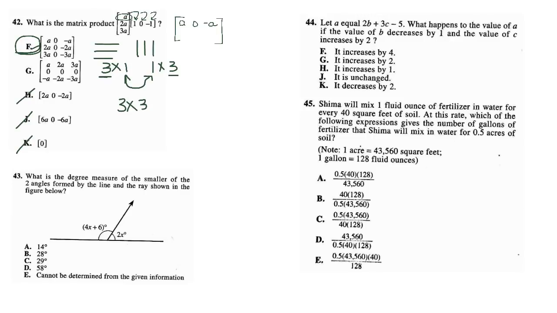Notice that with our angles, we want to know what is the degree measure of the smaller of the two. Well, the smaller of the two looks like it's going to be 2x, but we need to figure out what in the world is x. So I know if I look at how many degrees are from here to here, that's a total of 180.